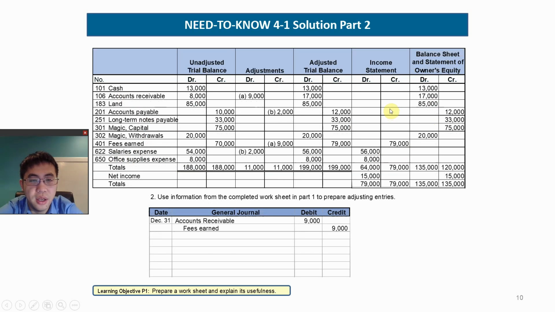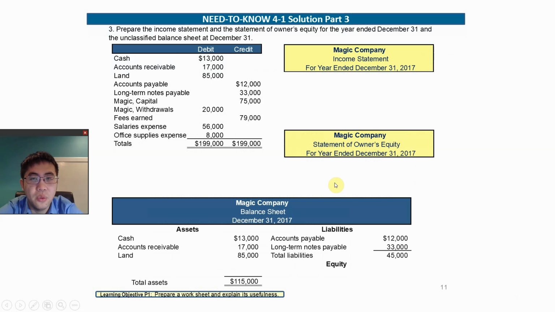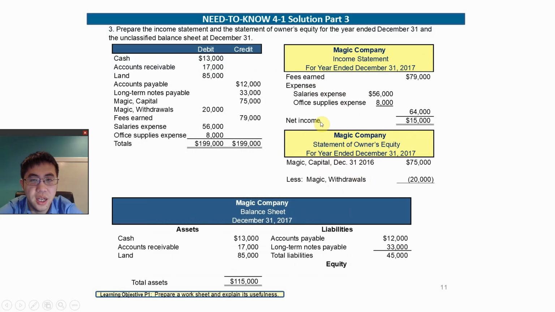All right, and then for this general journal, that's something you have already done. So let me skip that part. And if you want to make an income statement, this is revenue minus expenses. And if you want to make an owner's equity statement, you will need to find the net income first from the income statement and plug it in to the owner's equity.